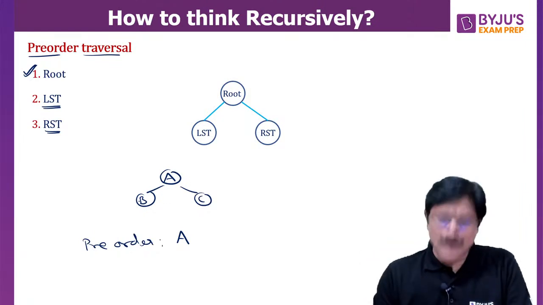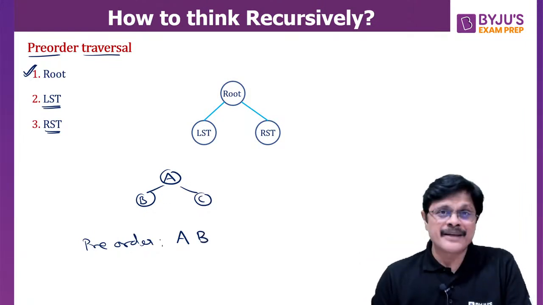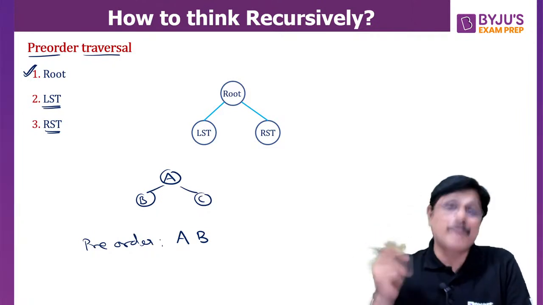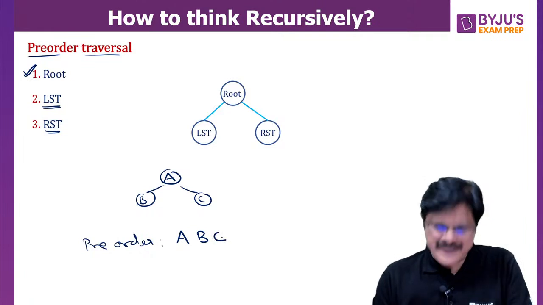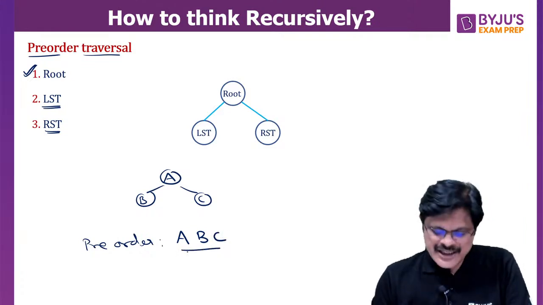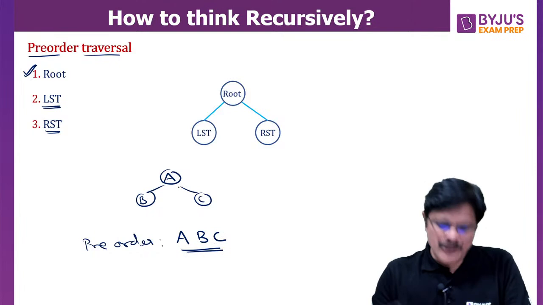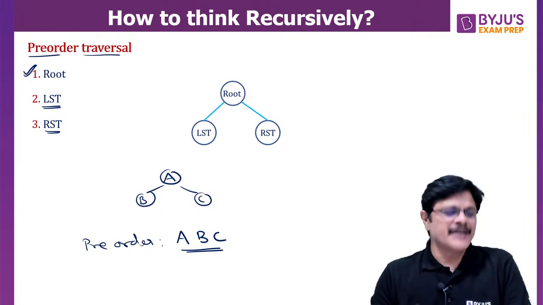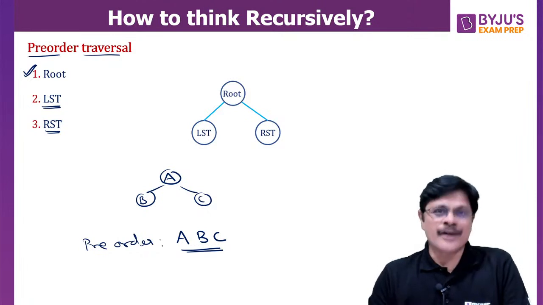Here we have only one node, so B is visited. Then we visit the nodes of the right subtree recursively in pre-order manner, and because only one node is there, C is visited. So this is the pre-order traversal of this particular binary tree, my dear friends.